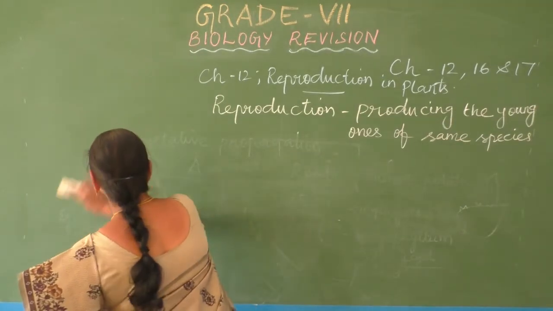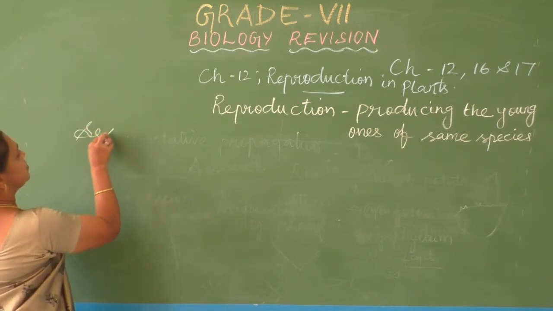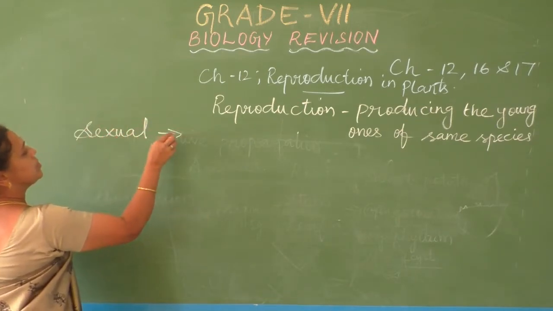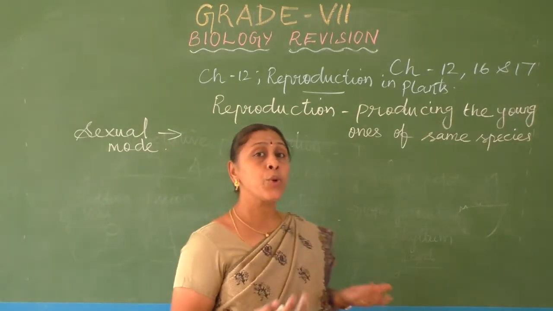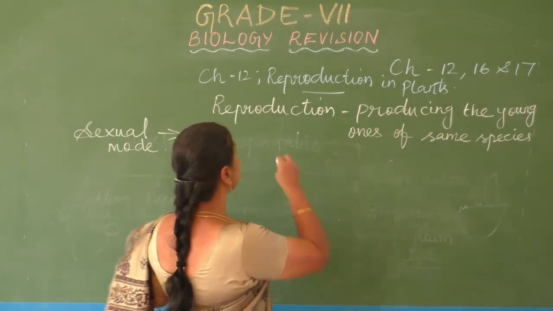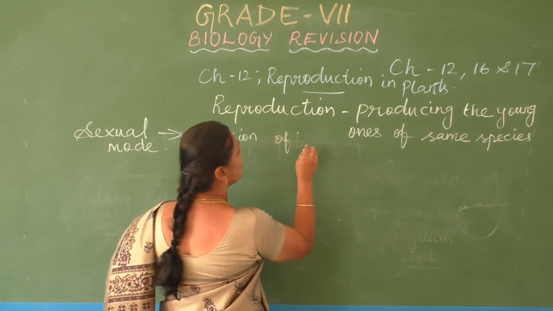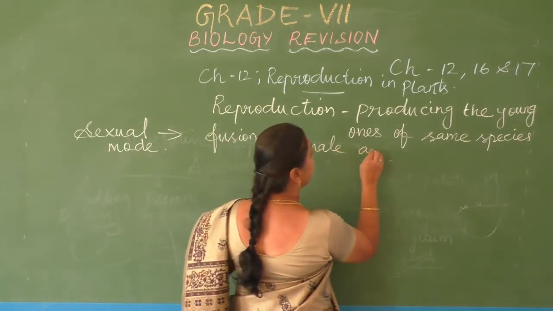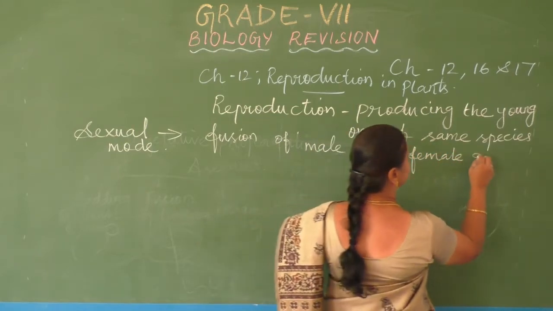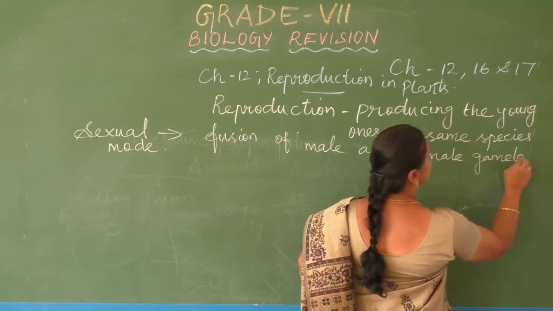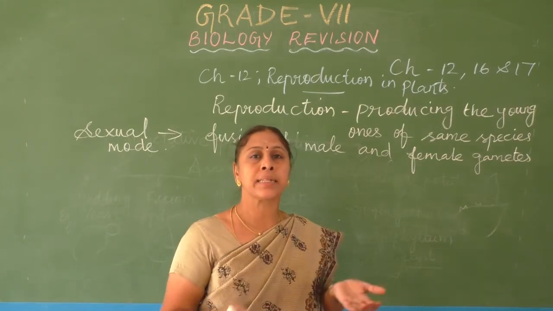Next one, sexual mode of reproduction. What is the sexual mode of reproduction? Fusion of male and female gametes. So in plants, what are the male and female parts?